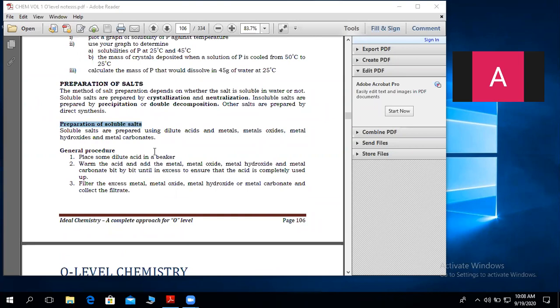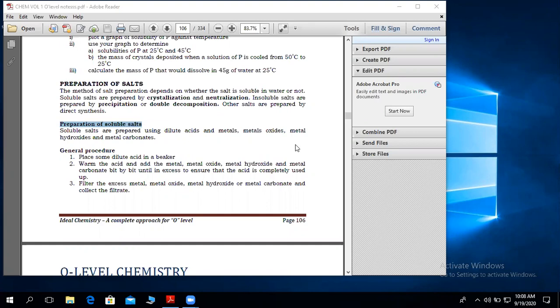If you are preparing zinc nitrate, then you should use nitric acid. So the choice of acid also matters. Soluble salts are prepared using dilute acids and metals, or metal oxides, or metal hydroxides, and metal carbonates.